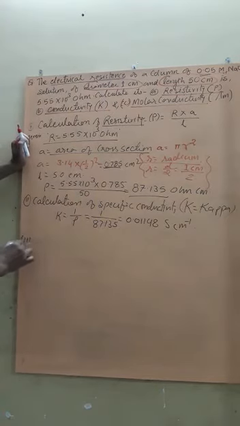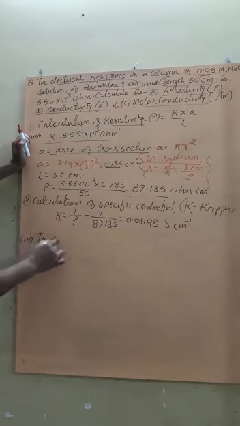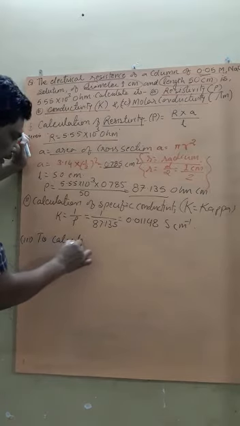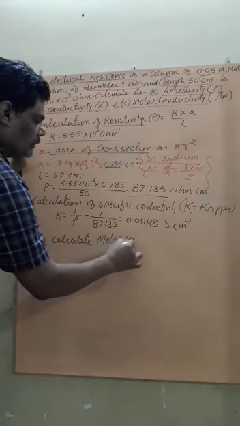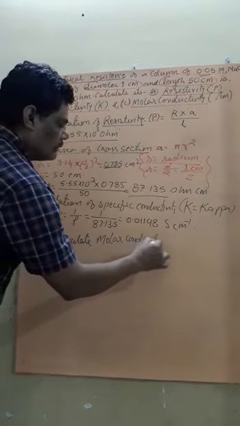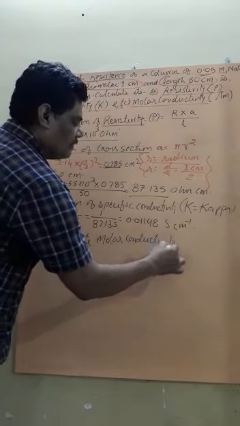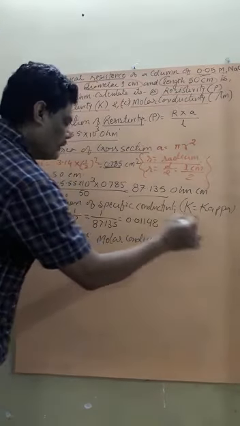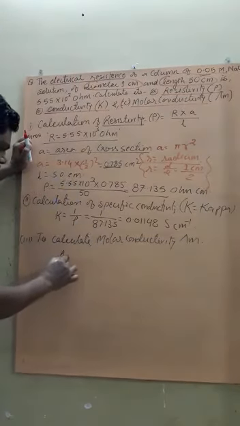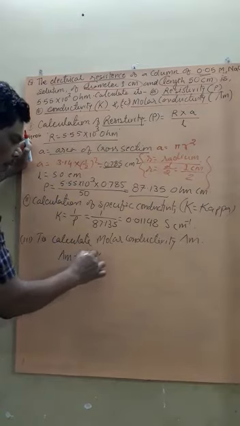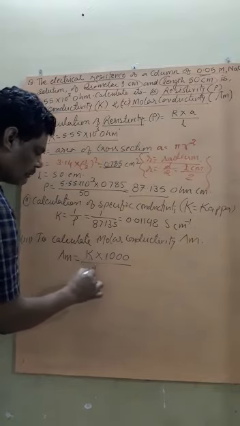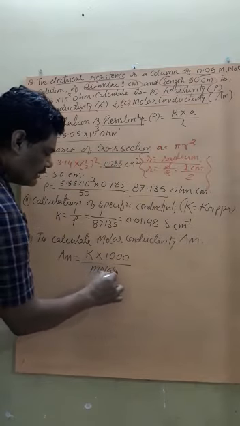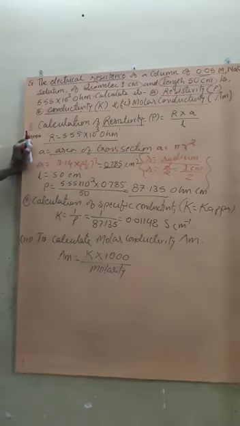And now the third one, to calculate molar conductivity, that is lambda M. You know the formula: lambda M is equal to kappa multiplied by 1000 divided by concentration, and the concentration is given in molarity.